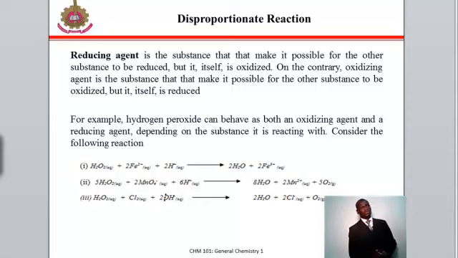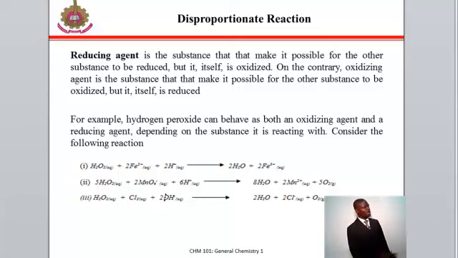A good example is hydrogen peroxide. It could behave as both oxidizing agent and a reducing agent depending on the substance it is reacting with. And we are going to look at this example briefly. The reactant side here we have H2O2, 2Fe2+, and in the product side we have 2H2O and 2Fe3+. Iron is moving from oxidation state of +2 to +3.